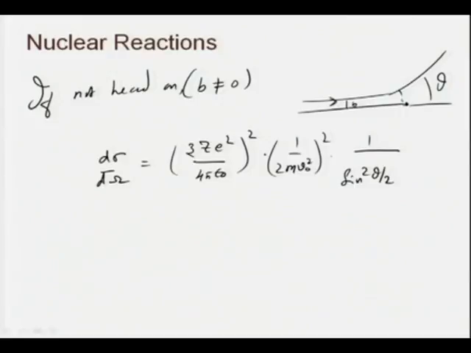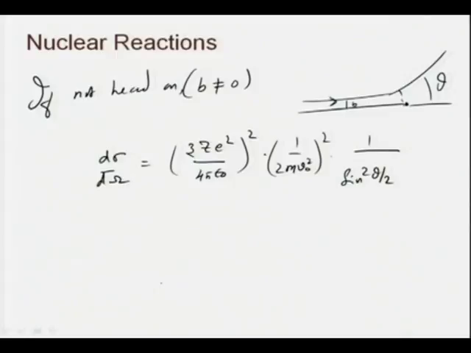This theta dependence of the cross section is an obvious thing now, since the way we have been discussing. The angle at which the particle will come out will certainly depend on what the impact parameter is.